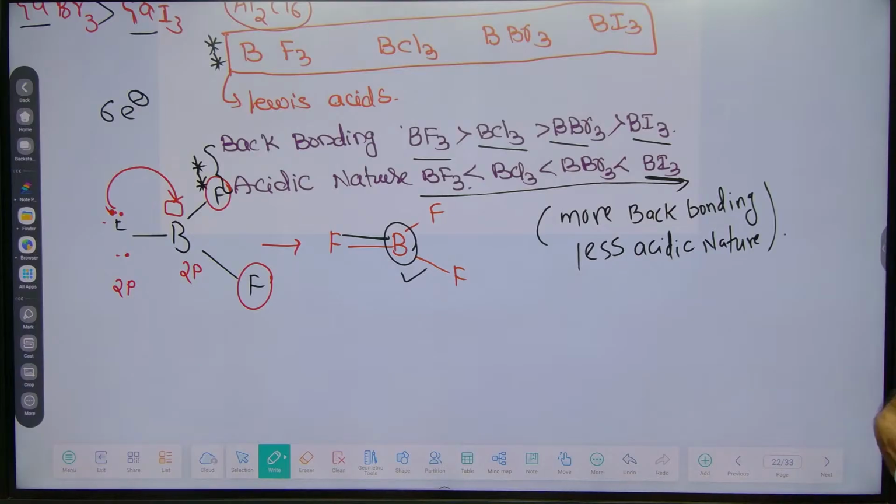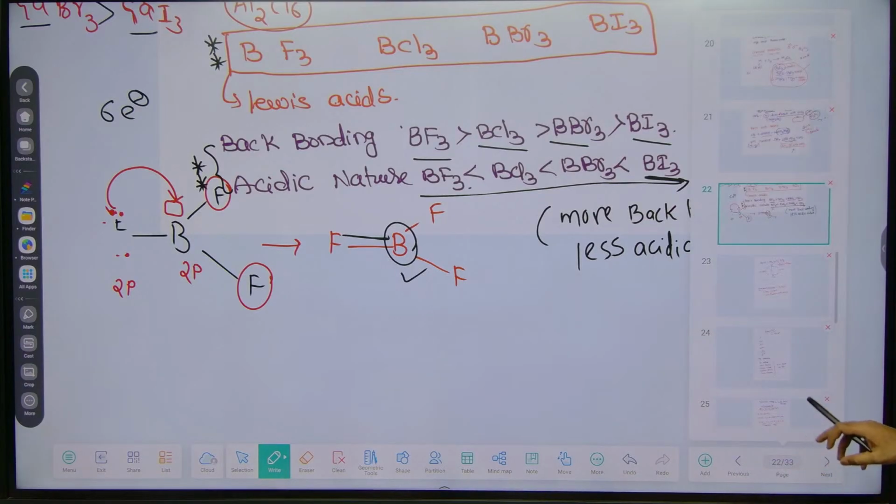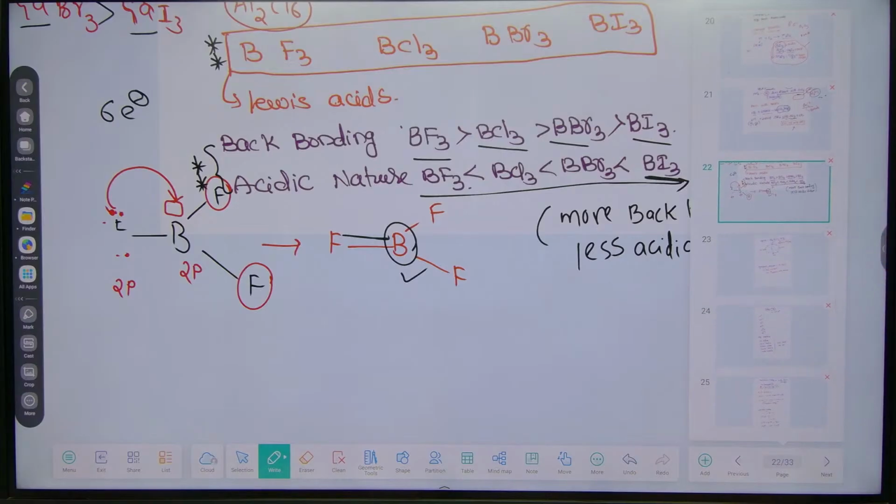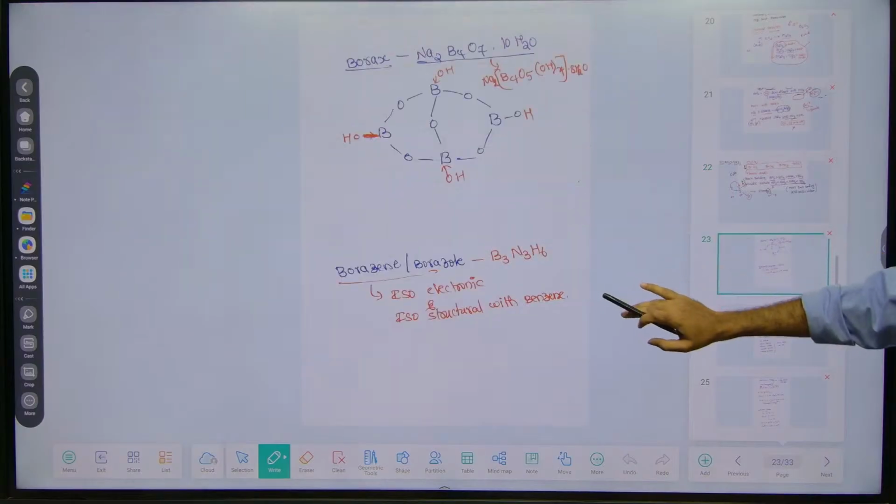Clear up to here? Move forward. Okay. Next one, there are some compounds.